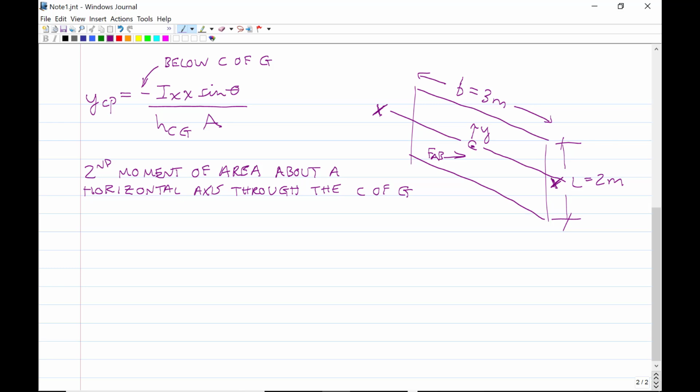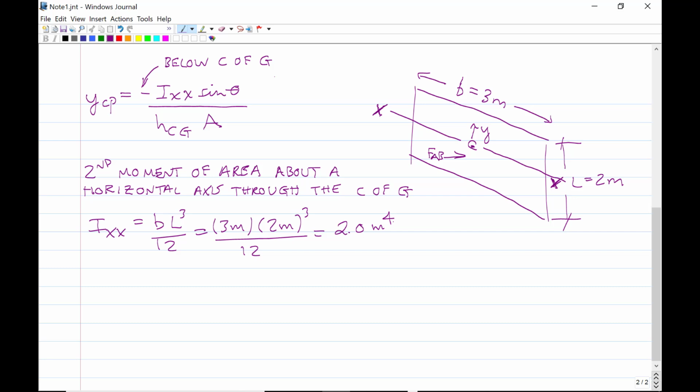And you should recall that I_xx is the width of the surface for a rectangle times the length cubed divided by 12. And so we have a gate that's 3 meters into the page, 2 meters high. So that's 3 meters times 2 meters cubed divided by 12. And that works out to 2.0 meters to the fourth.